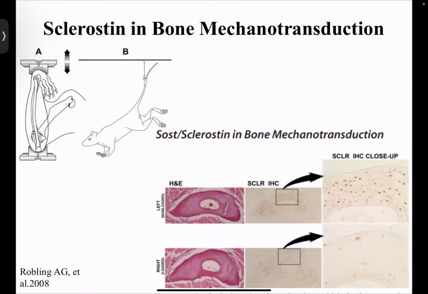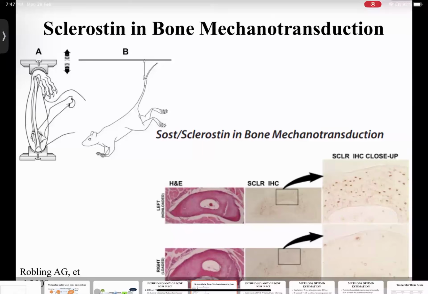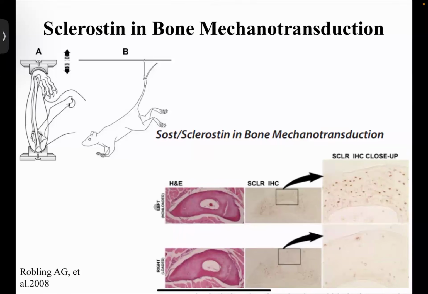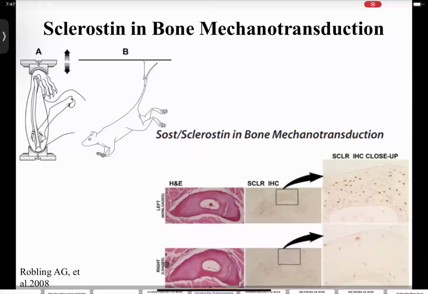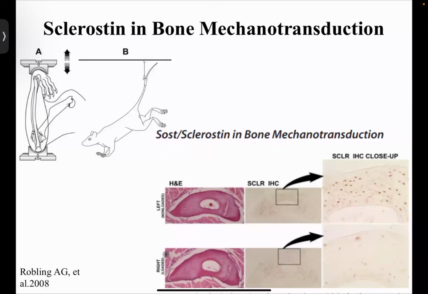And in the right-sided picture, they did histopathology from the loaded and the unloaded bone. You can see the cursor, I think. Here is the non-loaded bone, and this is the loaded bone. There is no difference in the bone cortex.